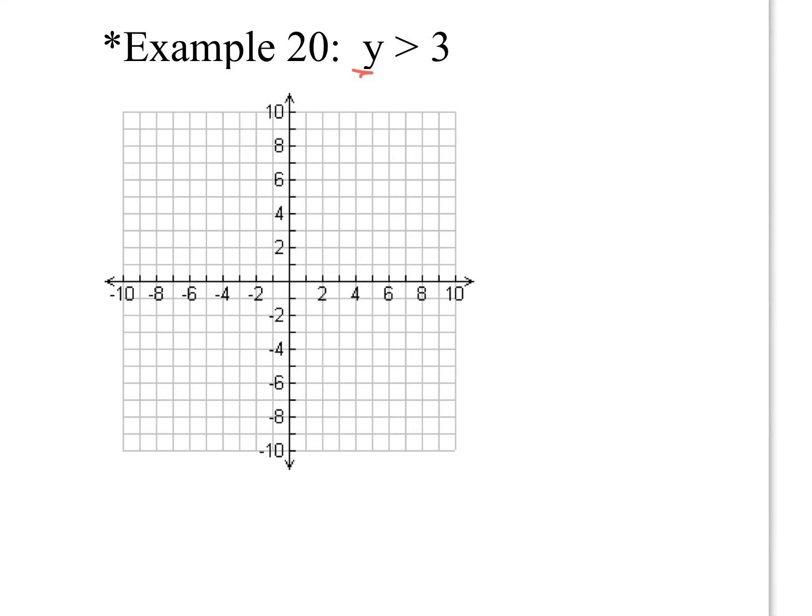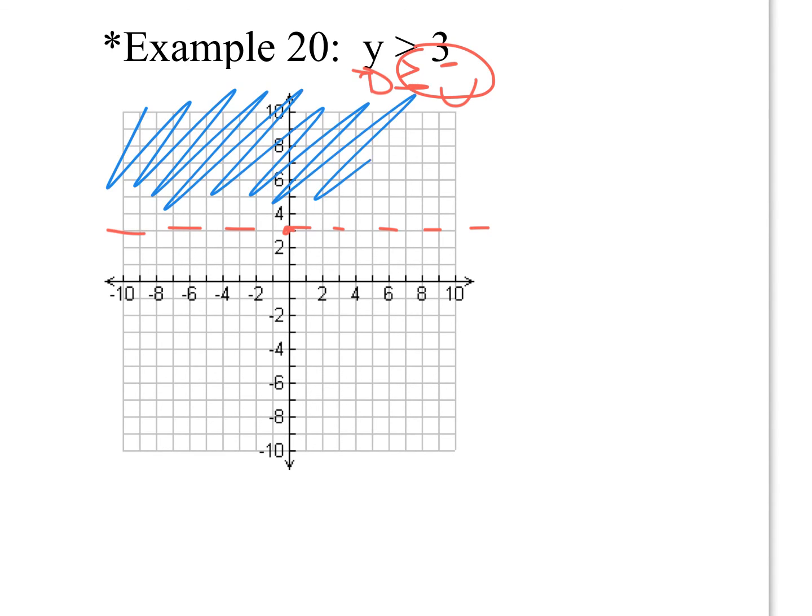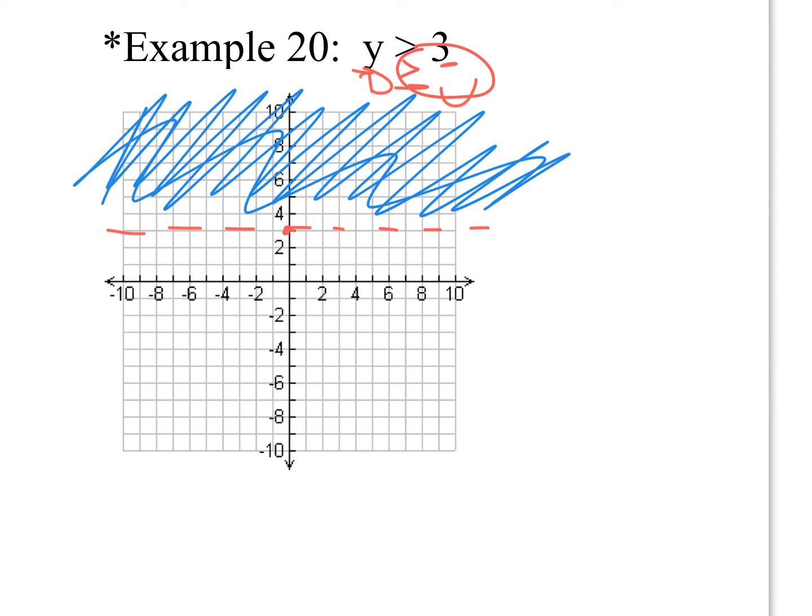Which axis? The y. Where at? 3. Dotted line. And according to duh, arrows pointing up, so we're going to shade up. So we're going to shade this side of the line. Scribble.